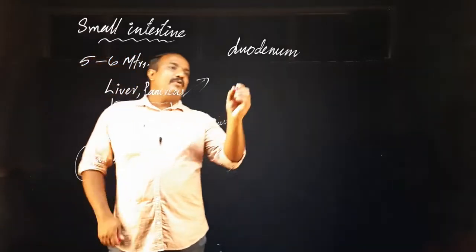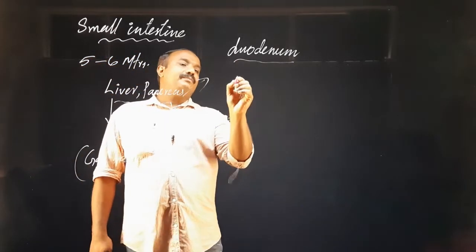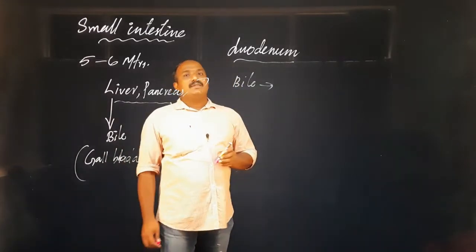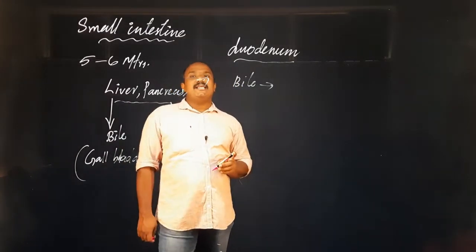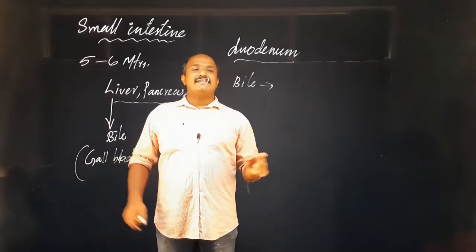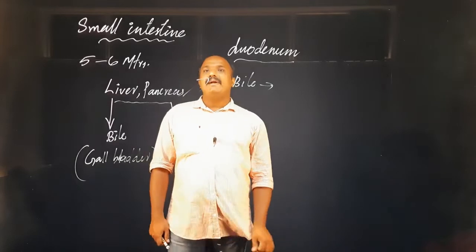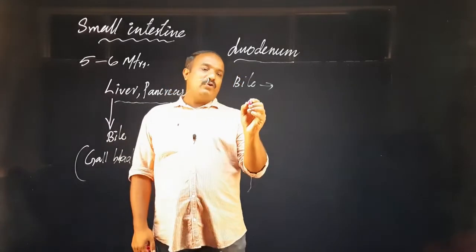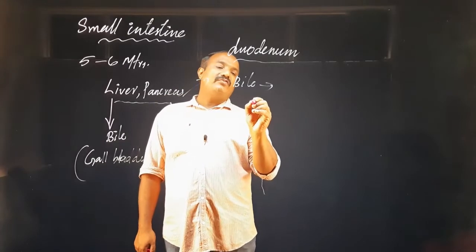With the help of bile in the duodenum, actually the bile does not contain any digestive enzymes. There are no enzymes present in the bile, but the bile helps in the digestion of fat.